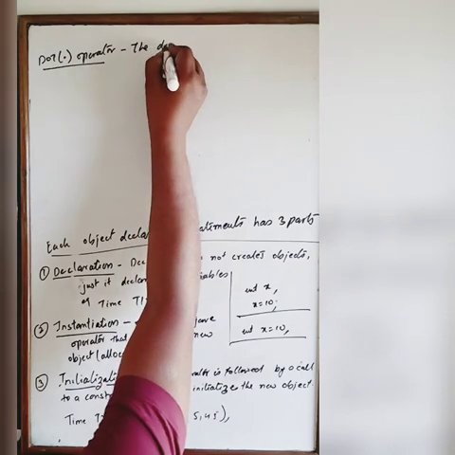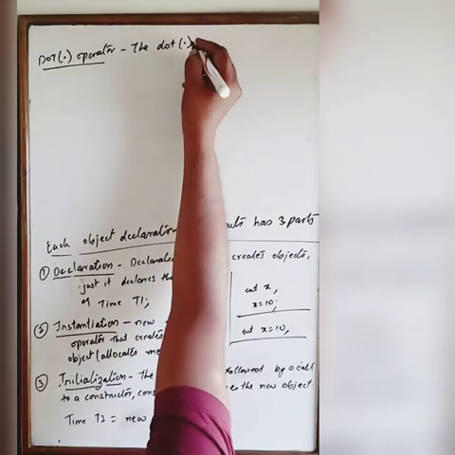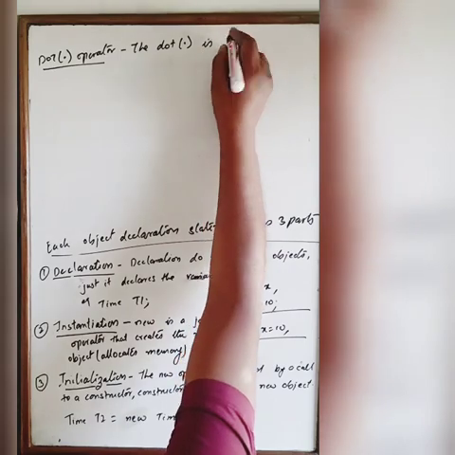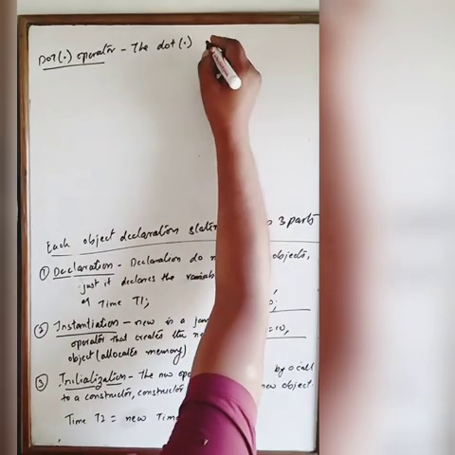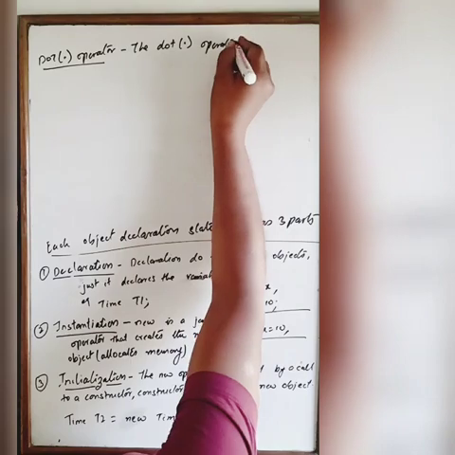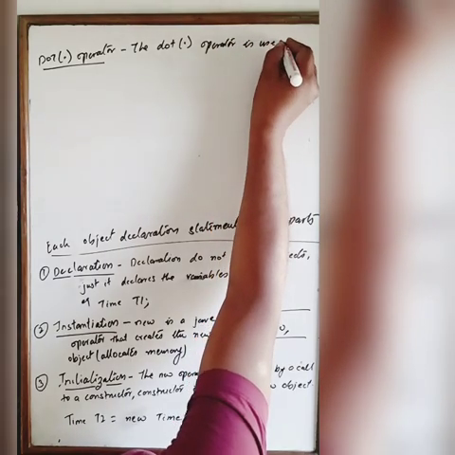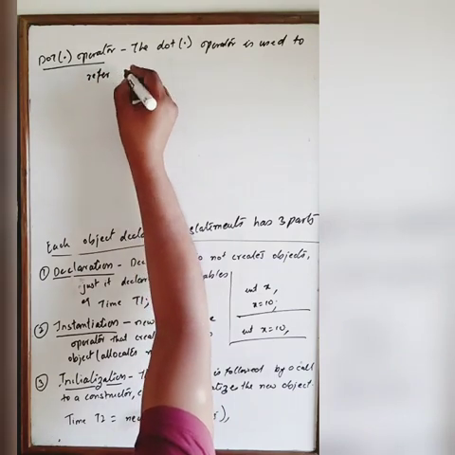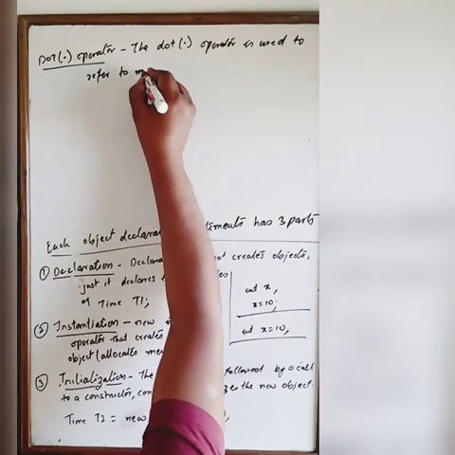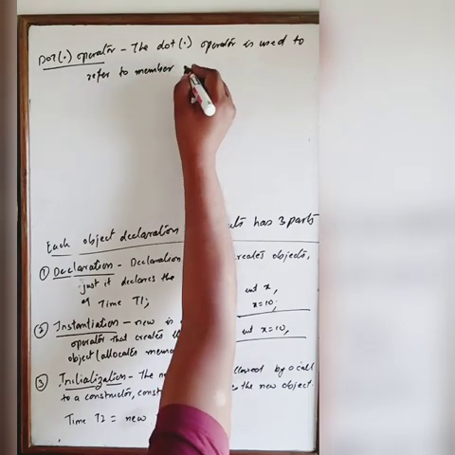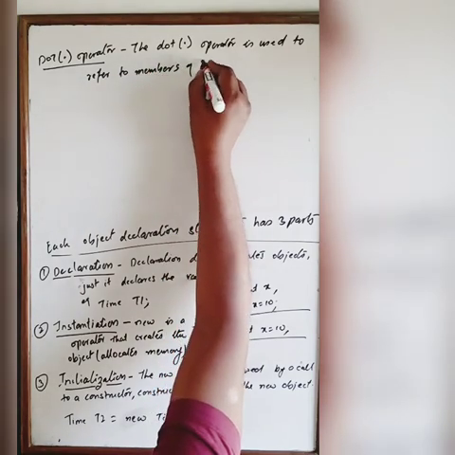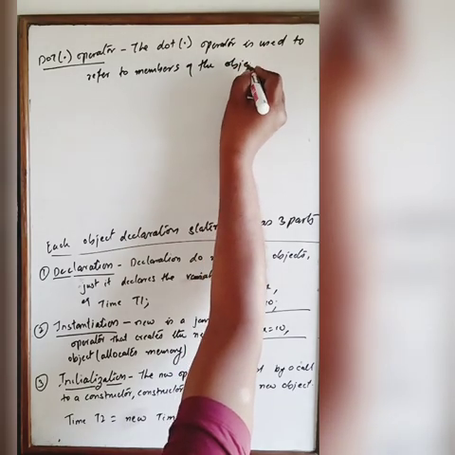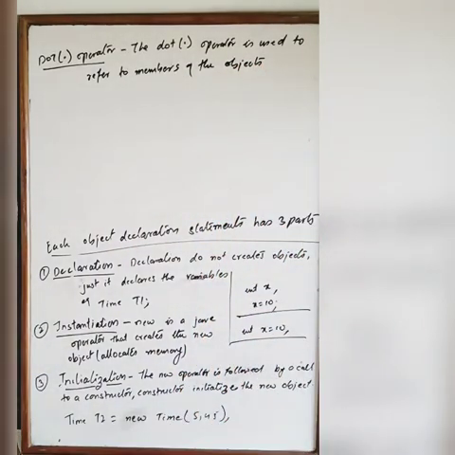The dot operator is used to refer to members of the object. Now class, the dot operator is used to refer to members of an object.